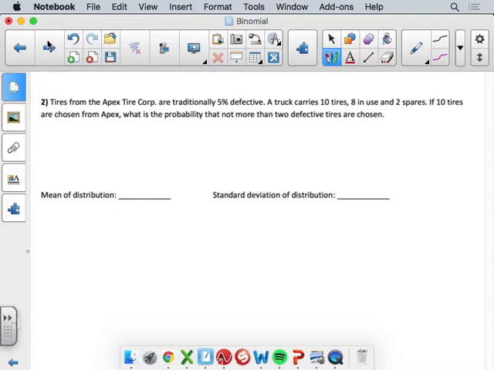So let me just write this as a probability of our event first. The probability of our event, not more than 2. So I'm thinking less than 2, like 0, 1. So less than 2, right? Not equal to, not more than. Yeah, not more than 2.